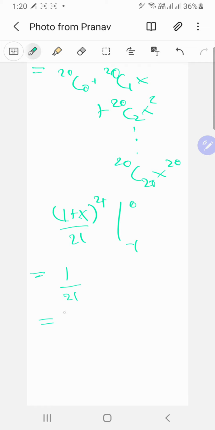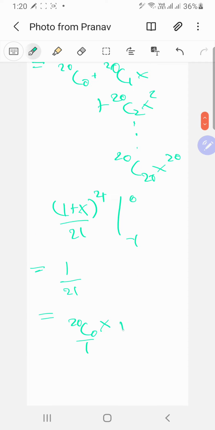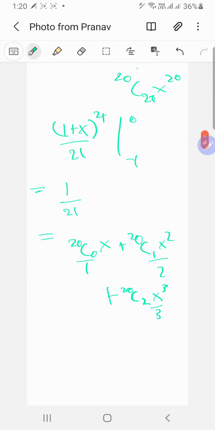When you integrate this thing, it's going to be 20C0 into x upon 1 plus 20C1 x squared upon 2 plus 20C2 x cubed upon 3 and so on, like 20Cn x power n plus 1 upon n plus 1, going from negative 1 to 0.